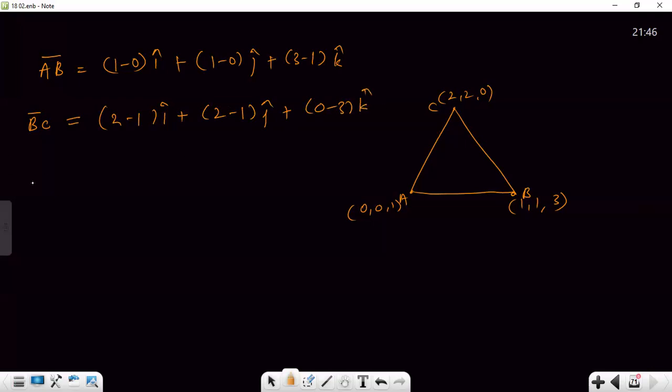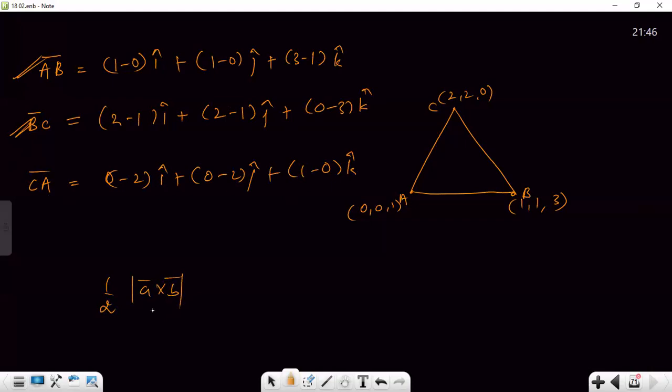This is BC vector. CA vector: 0 minus 2 i cap plus 0 minus 2 j cap plus 1 minus 0 k cap. This is how you have all three vectors, but we need only two vectors. So just find two vectors and go ahead with this formula for finding out the area of the triangle.